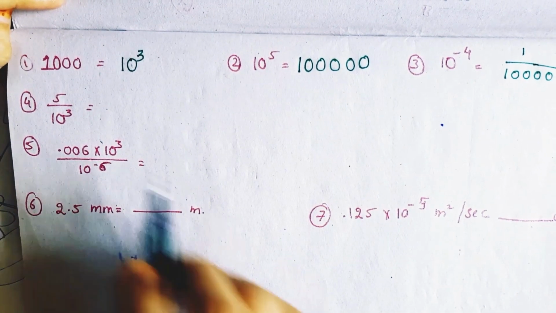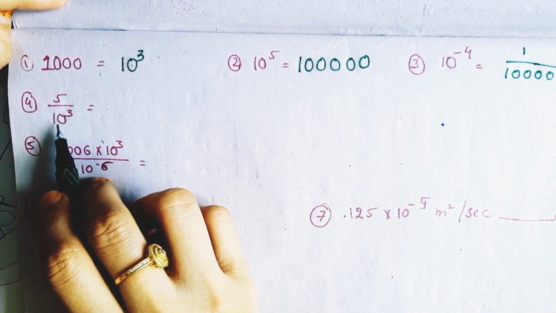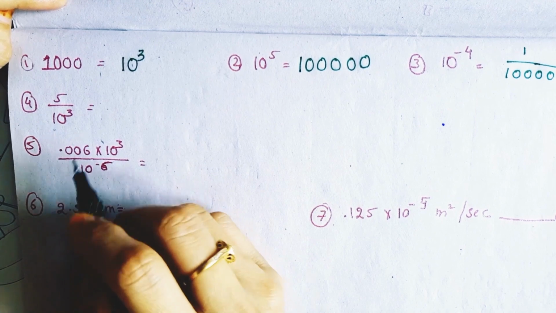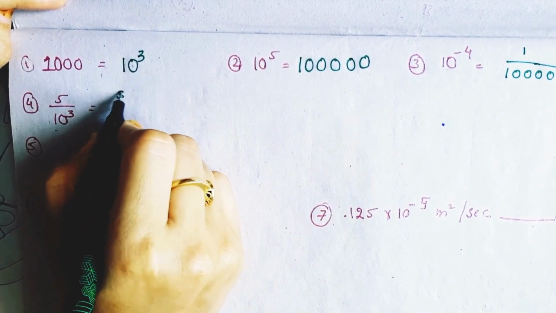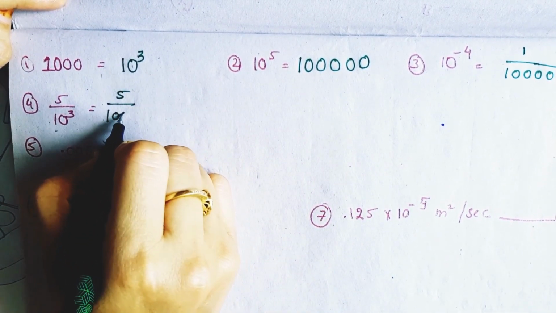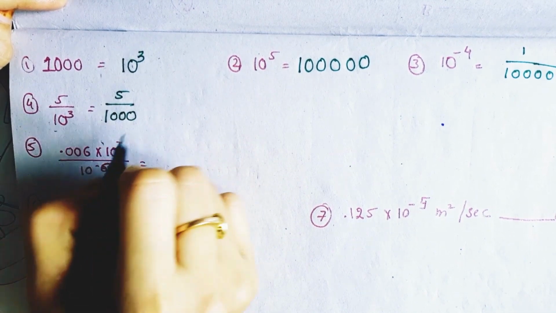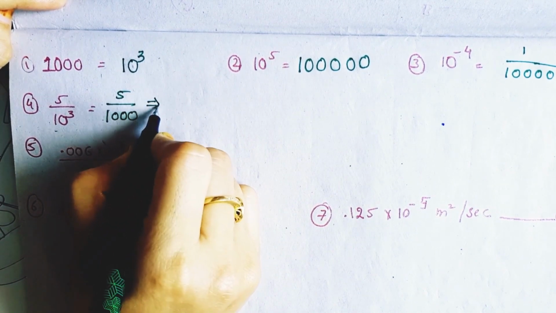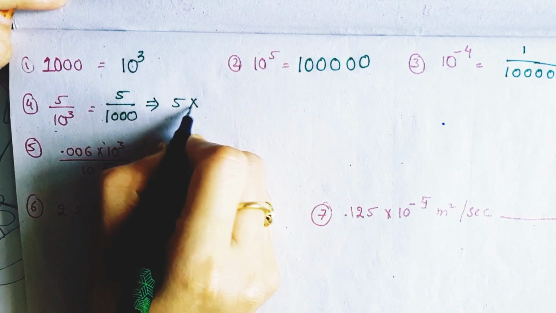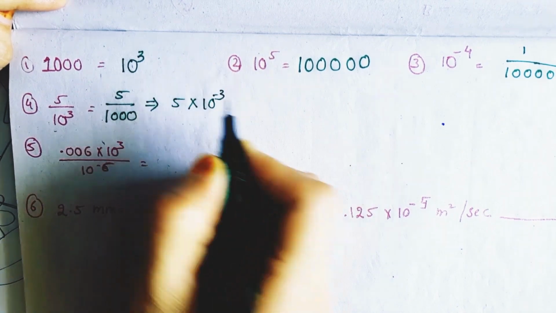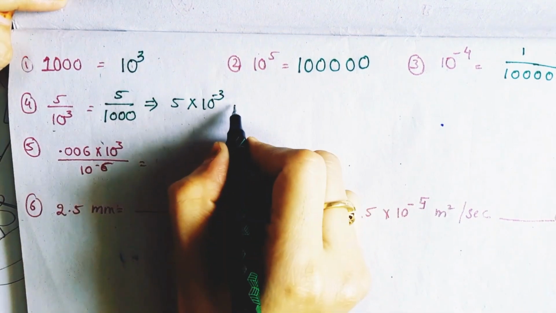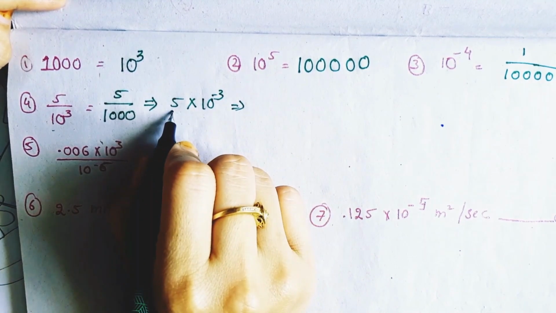Next one is very important. Just have a look. Here the question is 5 divided by 10 power 3. This we can write as 5 by 1000, isn't it? Again we can write it as 5 multiplied by 10 power minus 3, because it is in the denominator, that's why the minus sign comes in the power.